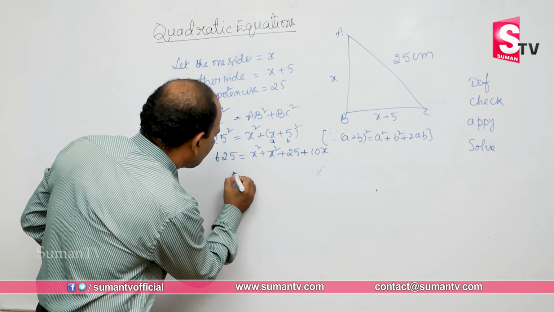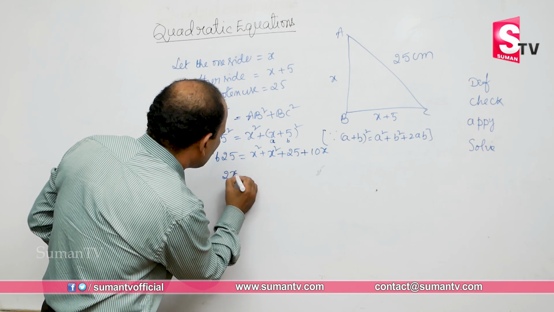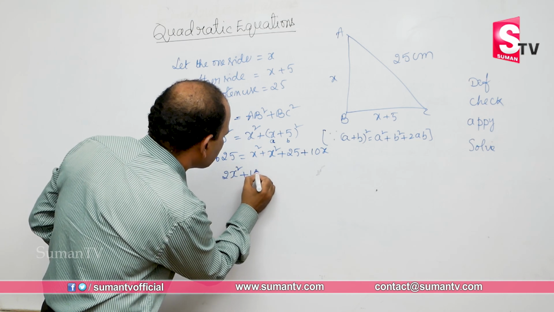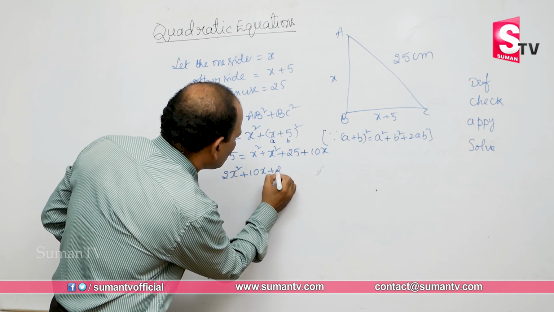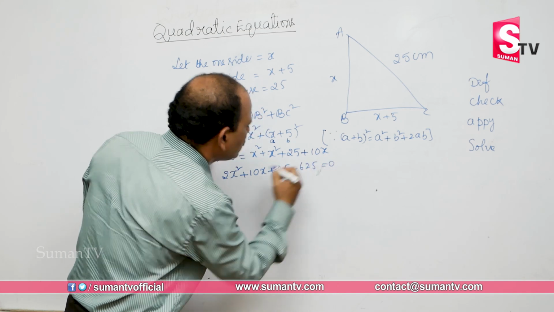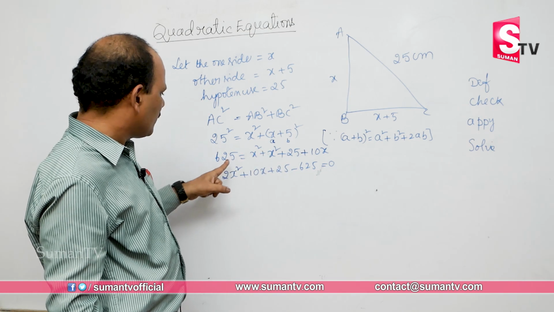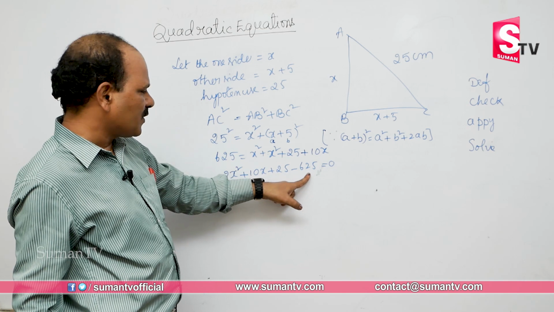Keep it like that only. x square plus x square, that is 2x square plus 10x plus 25 minus 625 is equal to 0. Now I am taking this 625 to the right side so that it is becoming minus 625.